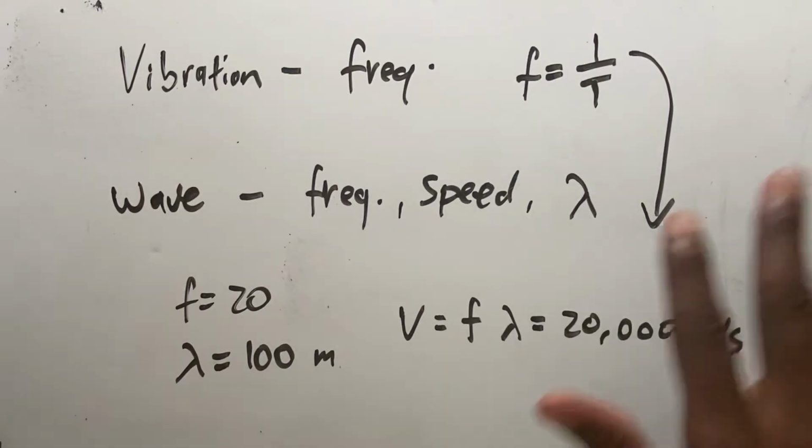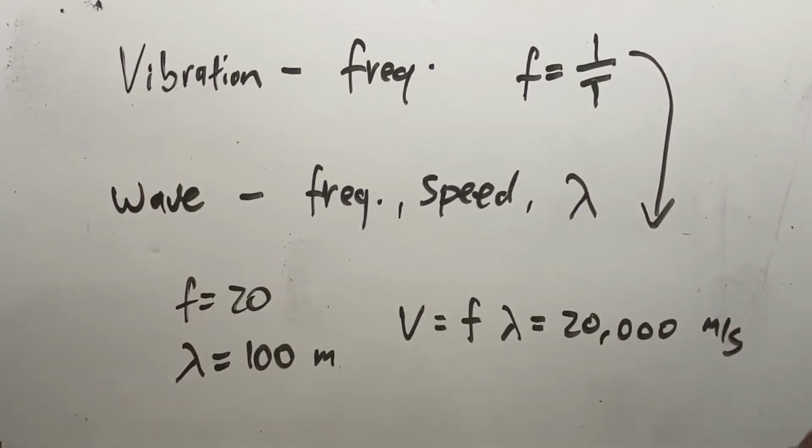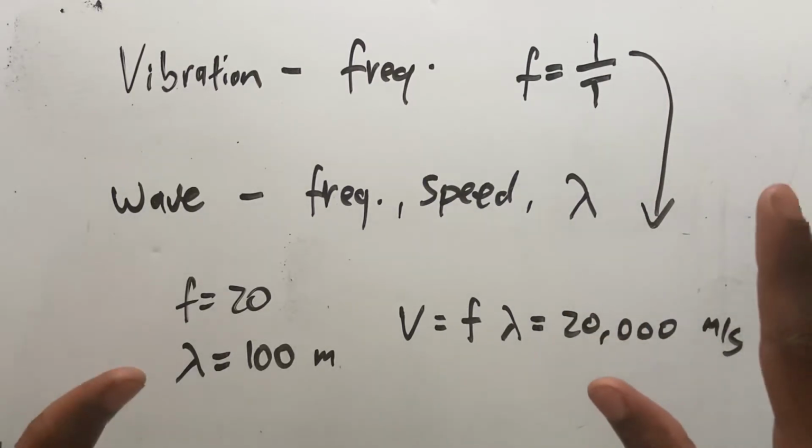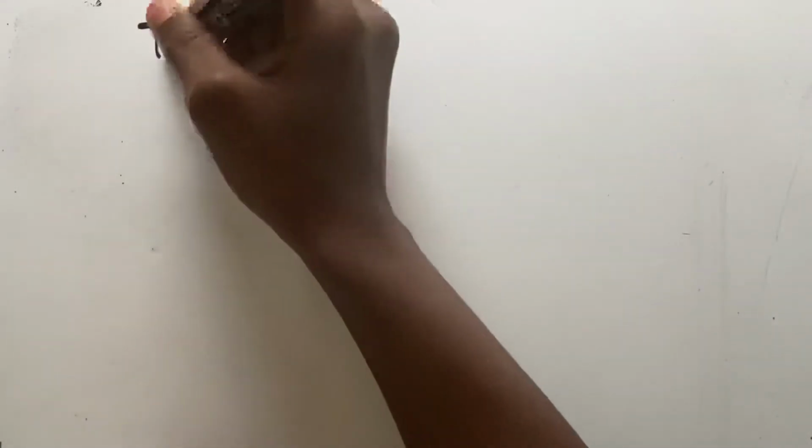Okay, so I think I've given you a good basis of waves and vibrations, frequencies, periods, wavelengths, all that. So now let's talk about the two kinds of waves there are.